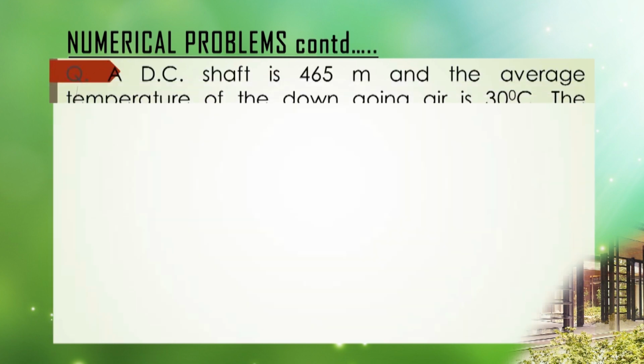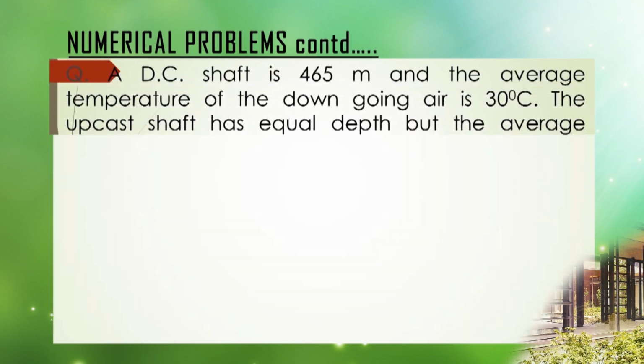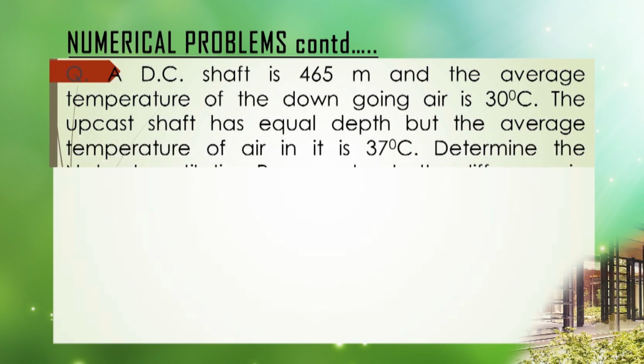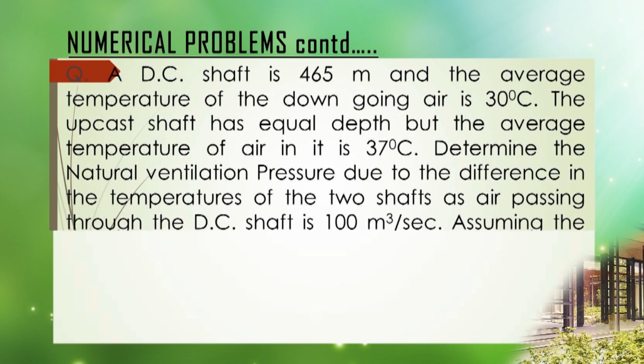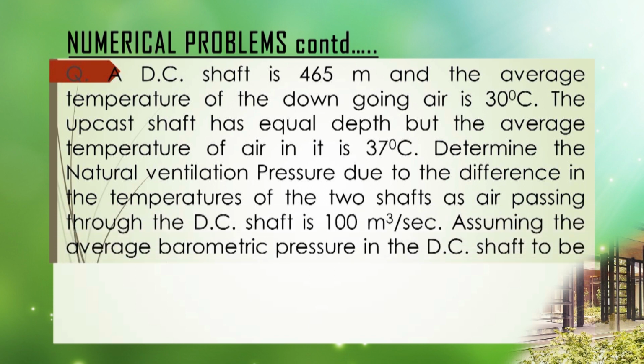Now another numerical: a downcast shaft is 465 meter deep and the average temperature of the down-going air is 30 degree centigrade. The upcast shaft has equal depth, but the average temperature of air in it is 37 degree centigrade. Naturally, the upcast shaft air temperature is higher.